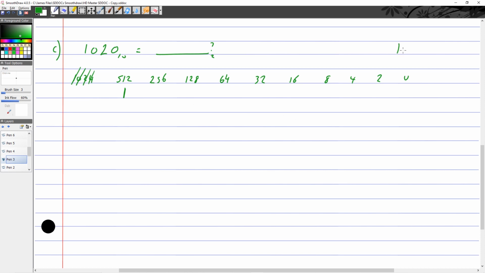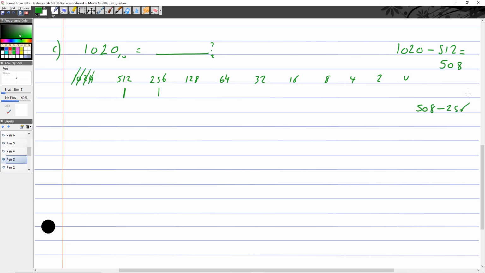So we could write 1020, take away 512, that's equal to 508. 508, well 256 fits into that. So we have 508 take away 256.